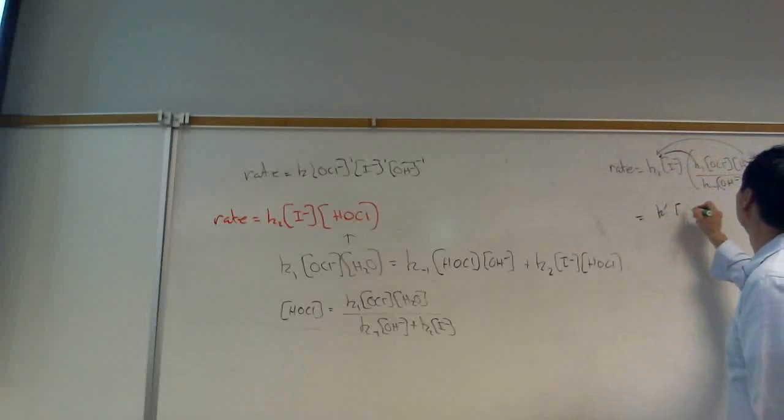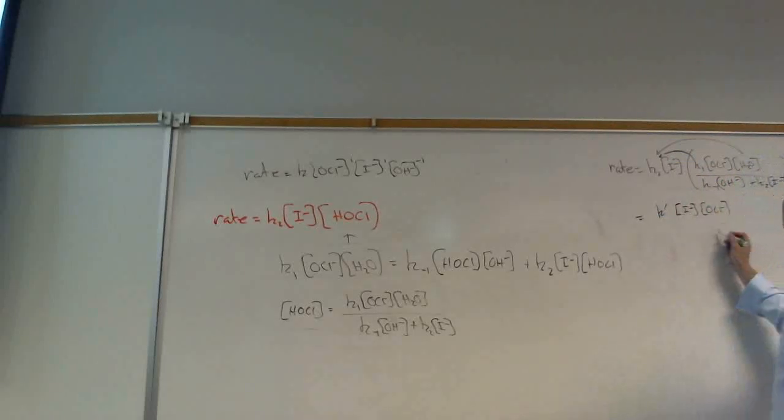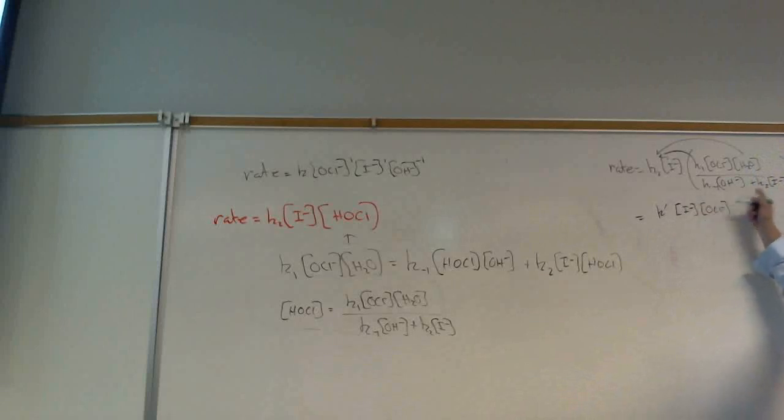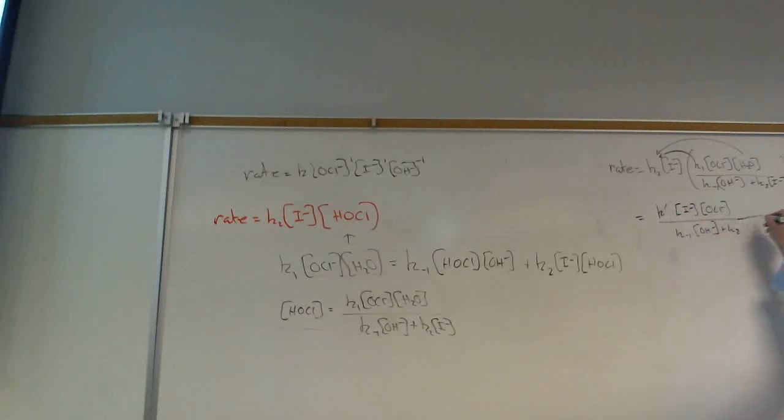So we got K prime times the iodide concentration times the OCl minus concentration, over K minus 1 times the hydroxide concentration plus K2 times the iodide concentration.